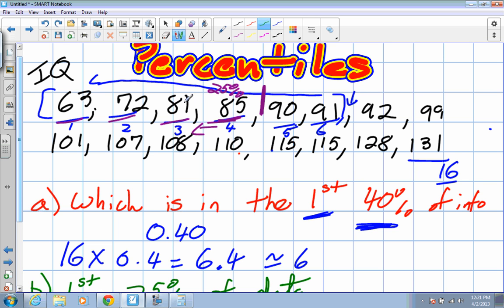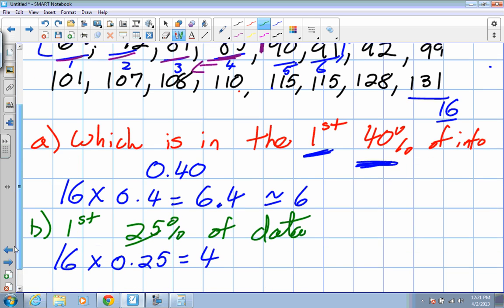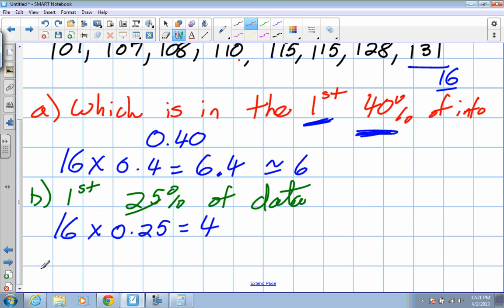Now I'm going to give you a question that's a little more complex. What if they ask you, question C, what is in the last 40%?